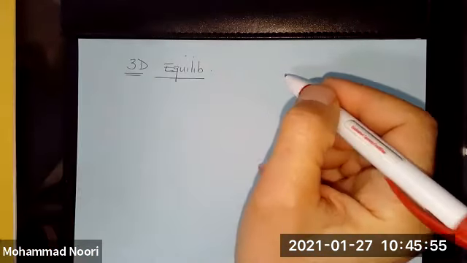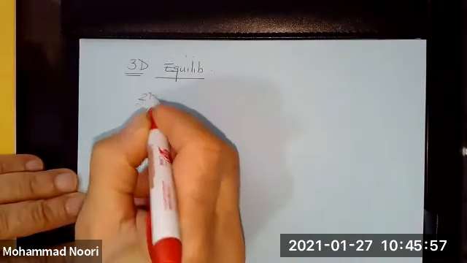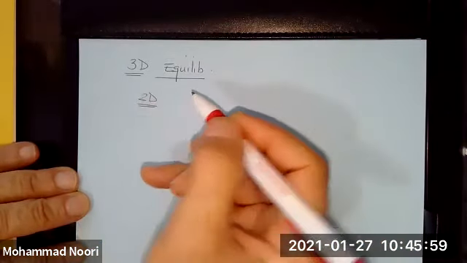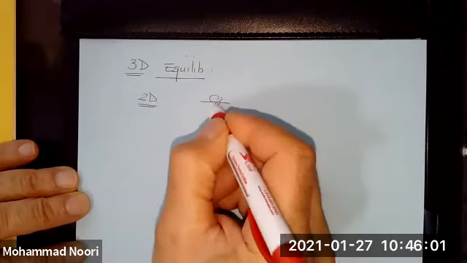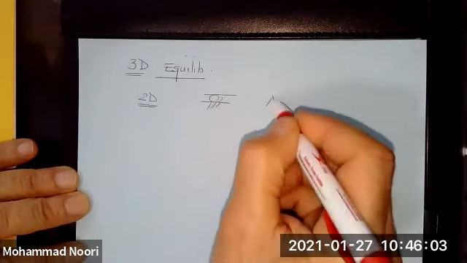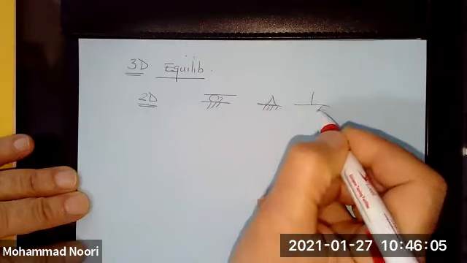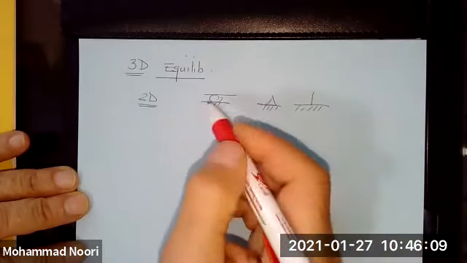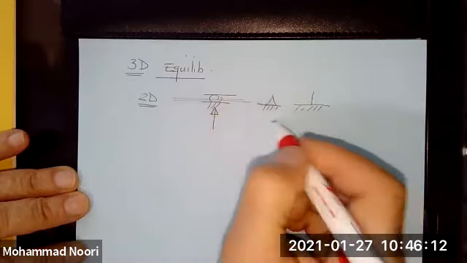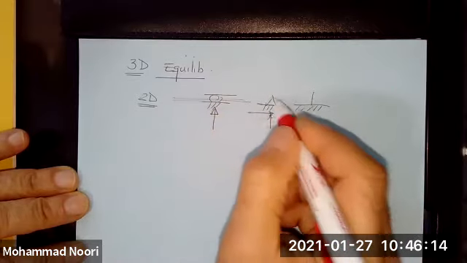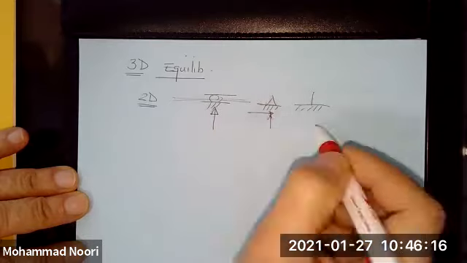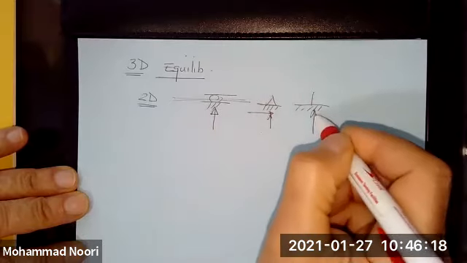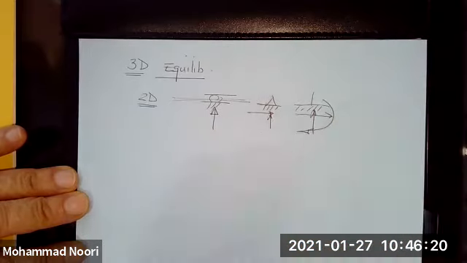In 2D, we said that the kinds of supports that hold a structure in place are restricted to these three types. This represented one force perpendicular to the potential direction of motion. This represented two forces, and this represented three unknowns.